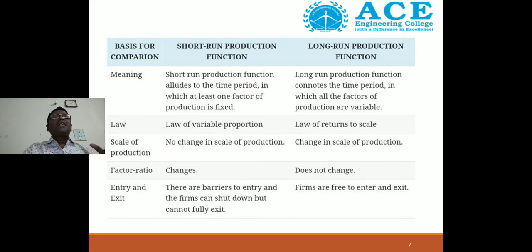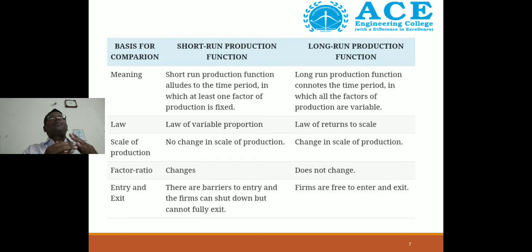Whereas the long run production function connotes the time period in which all the factors of production are variable. All the factors of production are variable means land, labor, capital, organization.